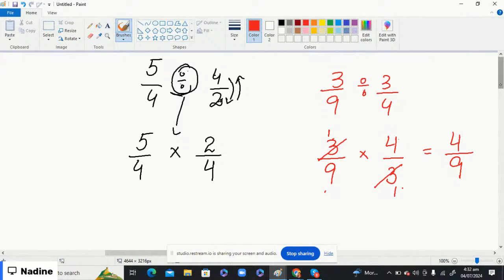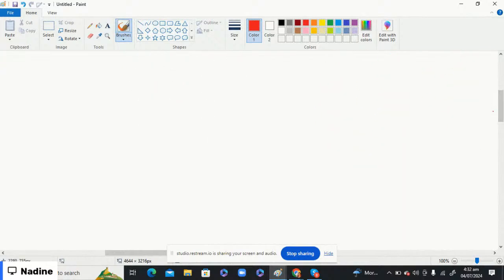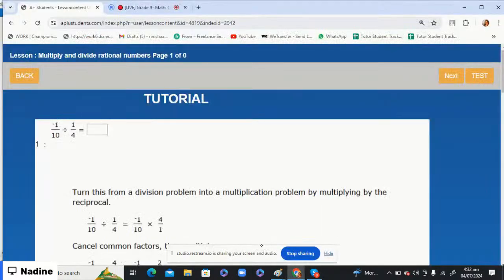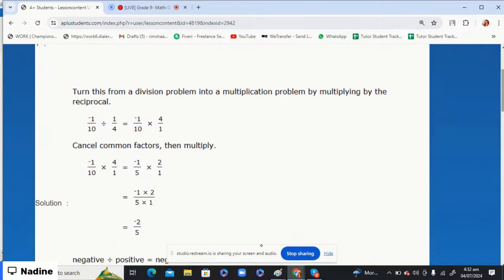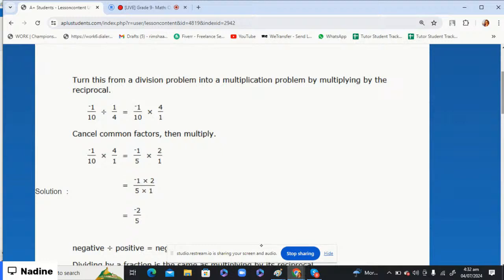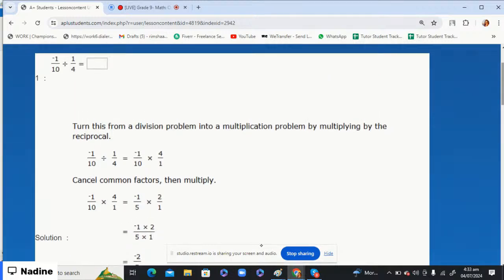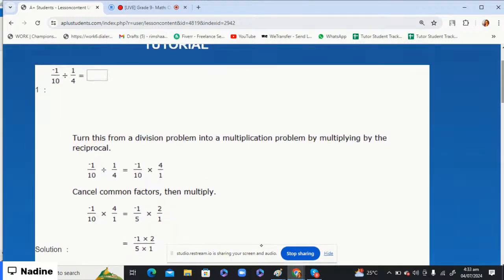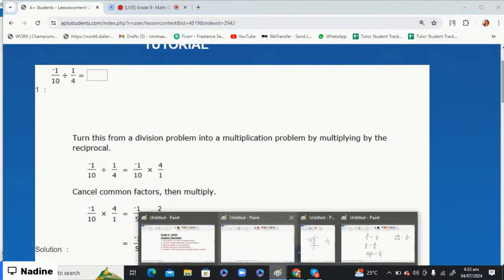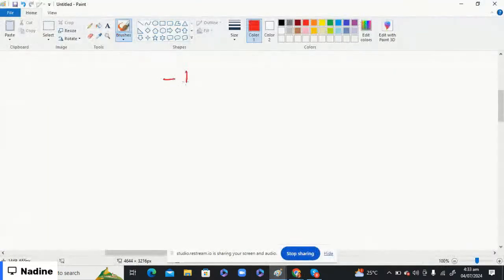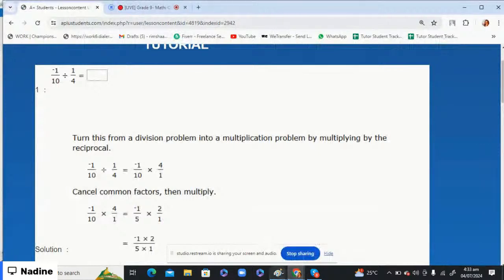Now, for example, if we are going to solve the question from here: minus 1 by 10 divided by 1 by 4. Let's do it. Minus 1 over 10 divided by, is it 4 over 1 or 1 over 4? 1 over 4, sorry.